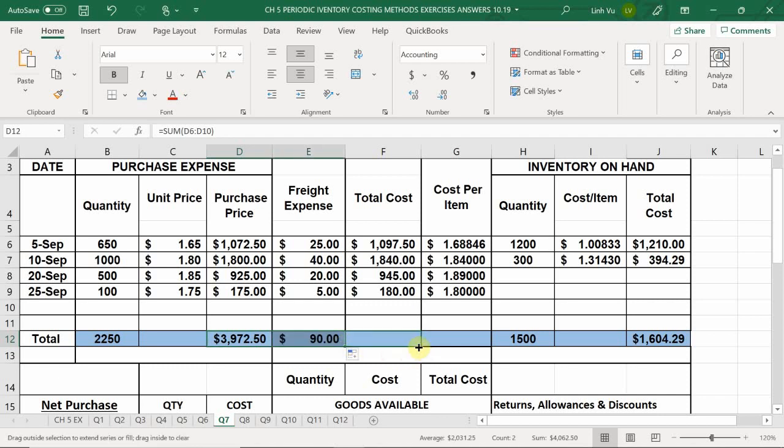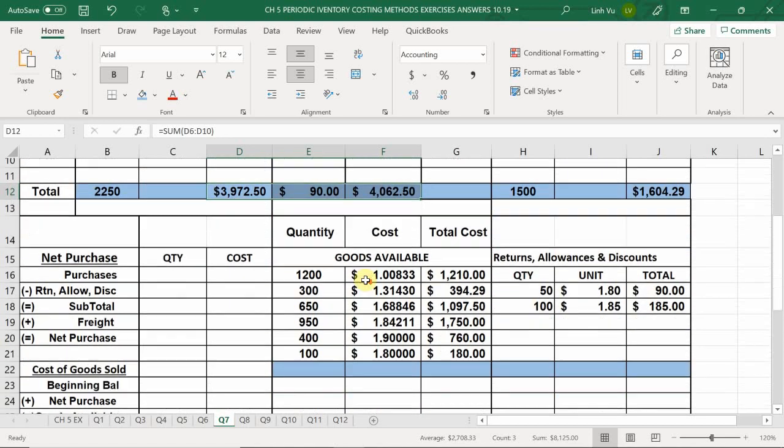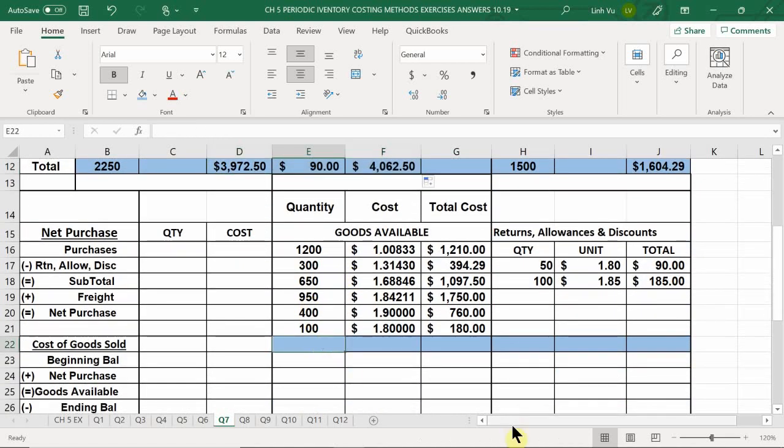Plus, so my total cost is $4,062.50. Good. Okay. So then what is my total goods available?